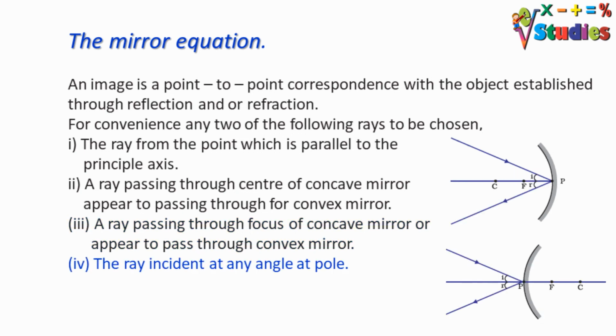In the fourth one, when the ray is incident at any angle at the pole, it follows the laws of reflection. That means the angle of incidence and the angle of reflection would remain the same to the normal.